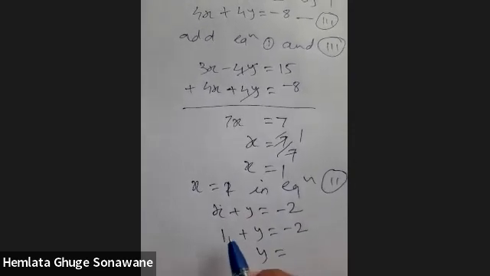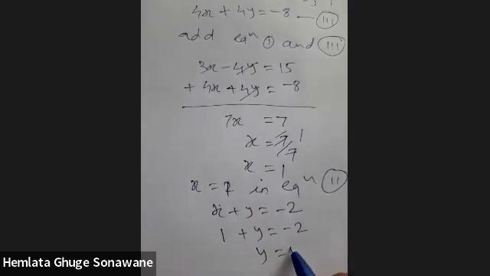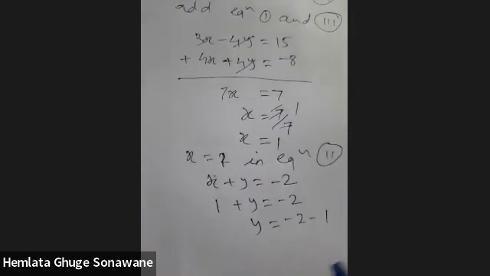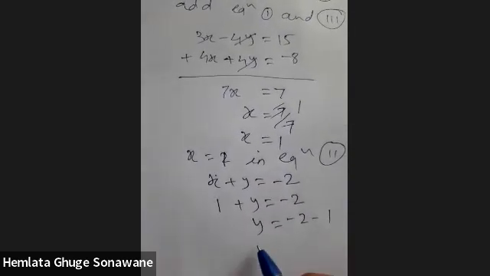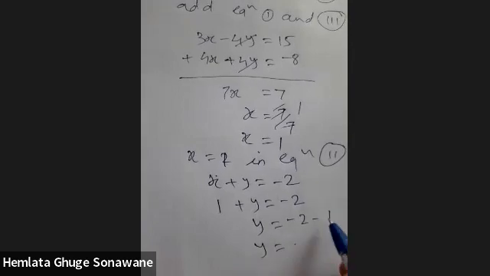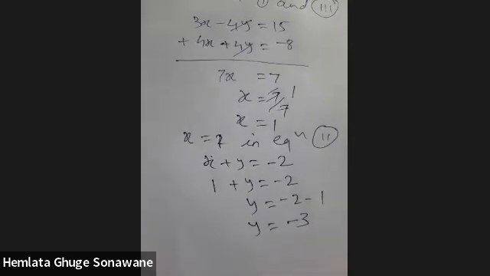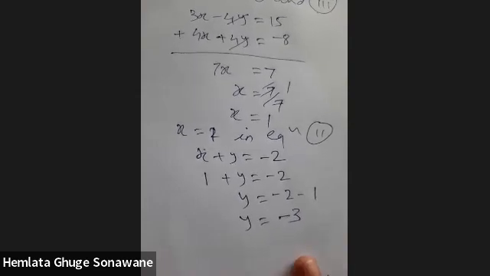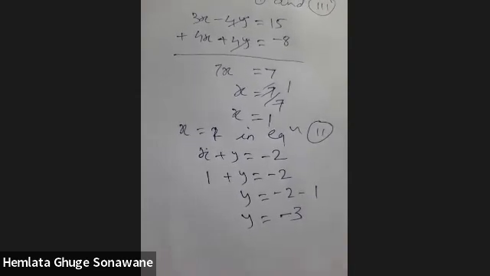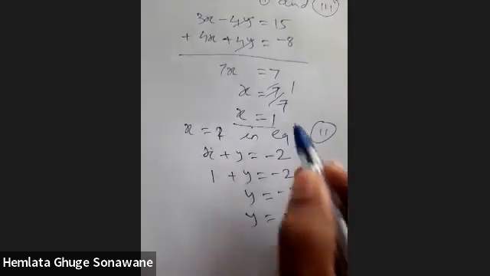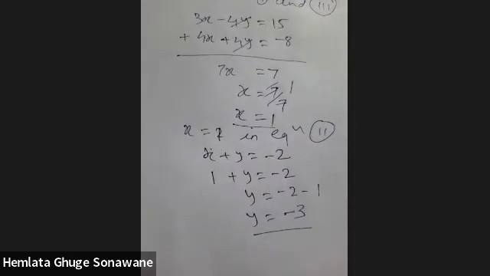Y is equal to, this plus 1 becomes minus 1 towards the right hand side. Minus 2 minus 1: minus, minus becomes plus, and we give the sign of the greater number. So y is equal to minus 3. We have got the value of x as 1 and y as minus 3.